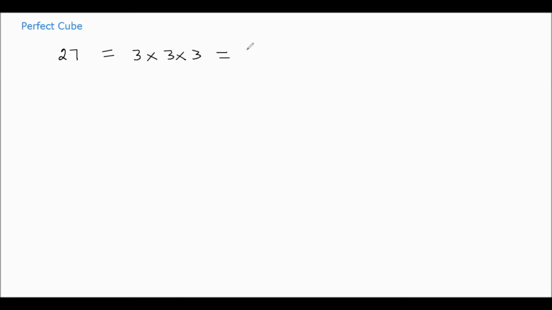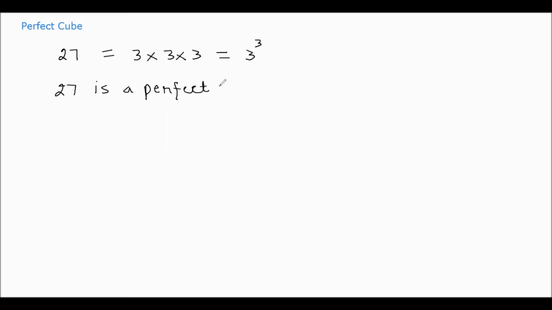So we know that I can write it like this also, 3 cubed. So I can write 27 is a perfect cube.